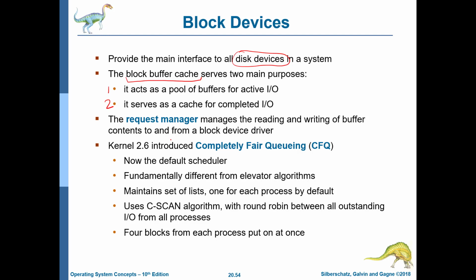Purpose 1 is that when we are doing active IO and we need buffers to place data which will be written into the disk later, we can maintain a pool of buffers, and the moment we need a buffer, we just fetch one from the pool. So the block buffer cache in this case maintains this pool of buffers, which processes can use to populate data, and this buffer will later be written to the disk.